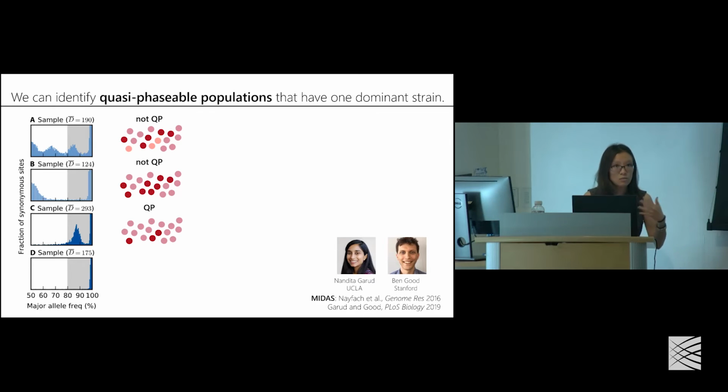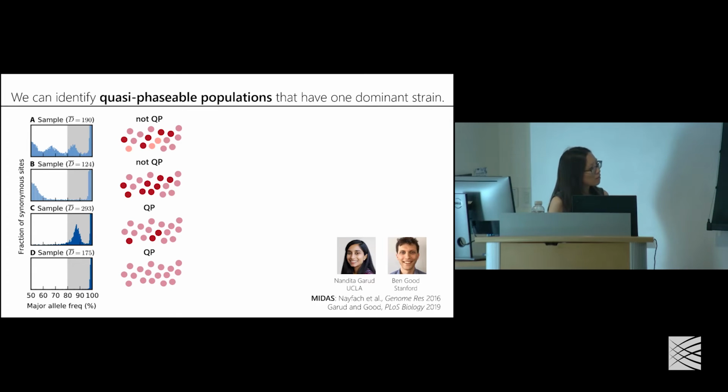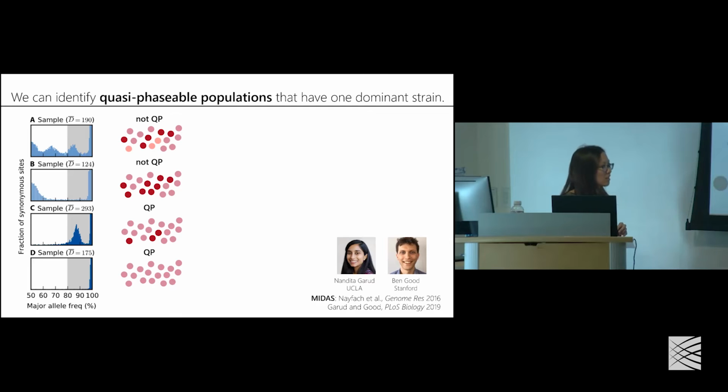This is great because we can then infer the genome of this dominant haplotype. And then there's actually a surprising number of trivially quasi-phasable samples where you basically see very little variation aside from what we think might be sequencing error or just recent polymorphisms. And so those are easy to phase.